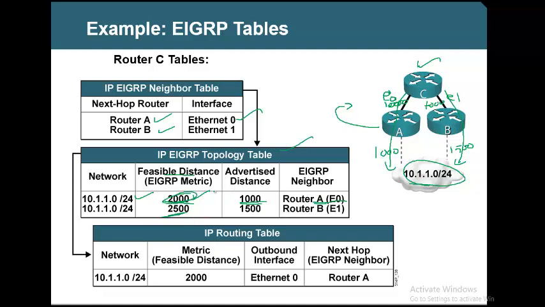So the lowest FD is via router A. So only the router A route will be available in the routing table. In the topology table, you also see the backup path because the advertised distance is less than the successor value. Any question on this page? No question. This is one of the most important pages of today's class.